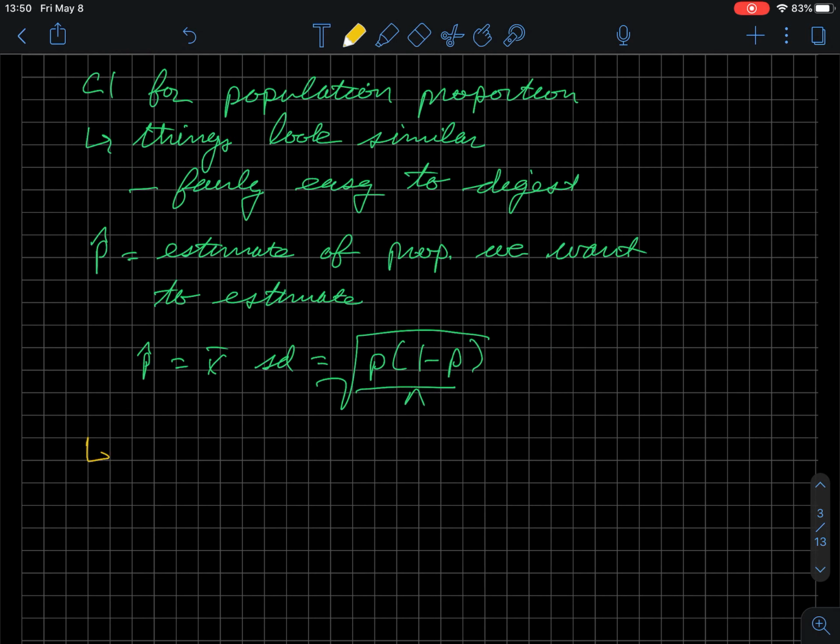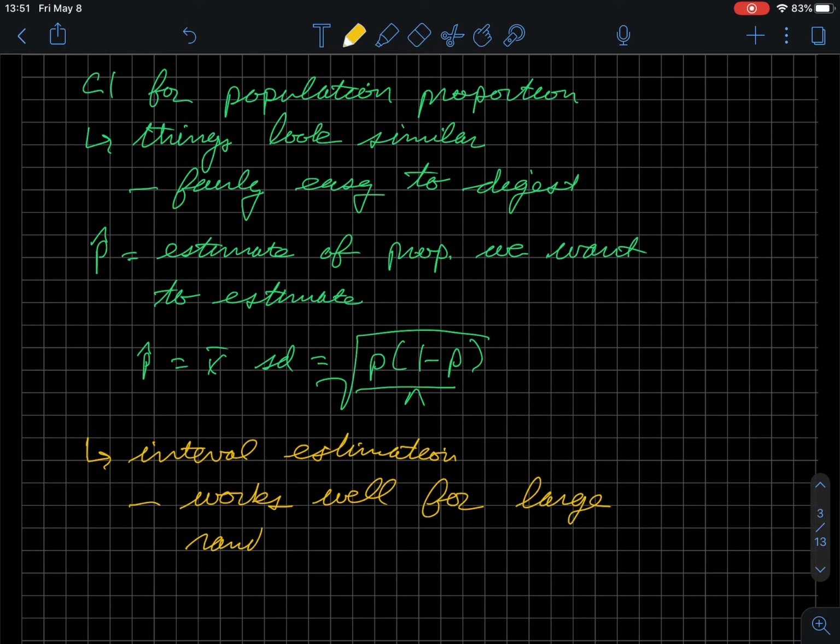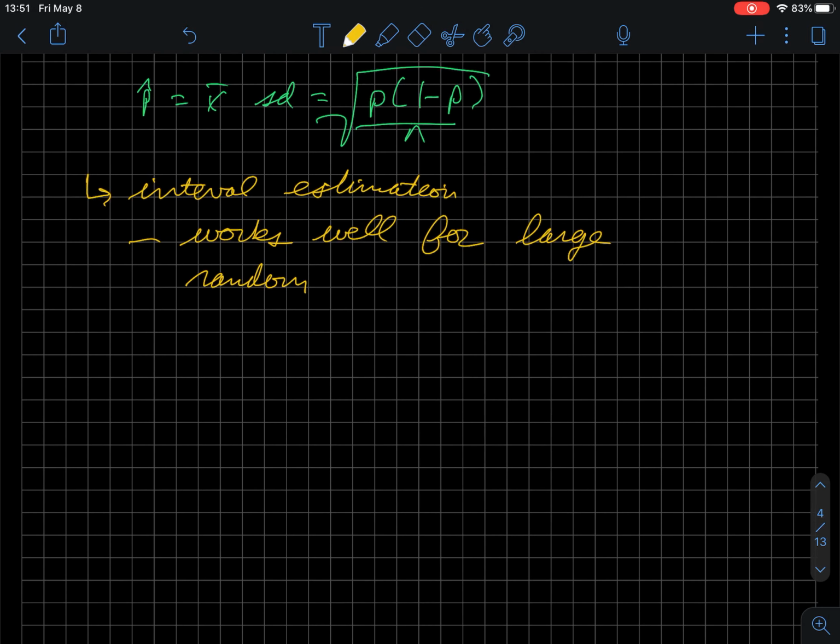When we move into interval estimation, this works really well for large random samples. If we have something that's small, or something that's not random, technically the formula doesn't work if this criteria isn't met.